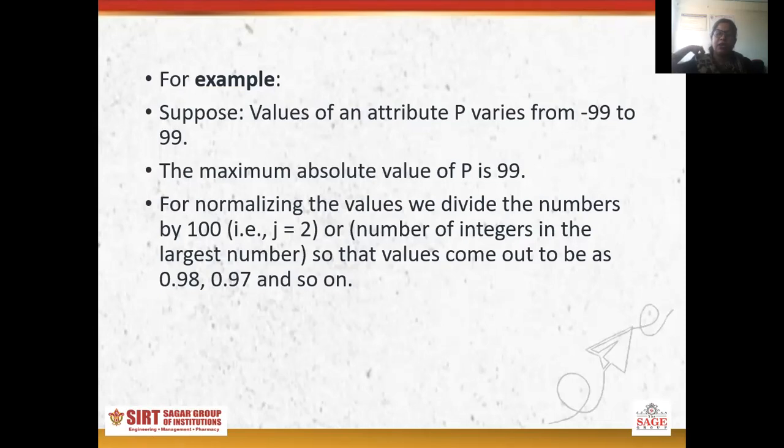Again, I repeat, for normalizing the values, we divide the numbers by 100. j is equal to 2 because 100 has 2 zeros, the number of digits in the largest number.